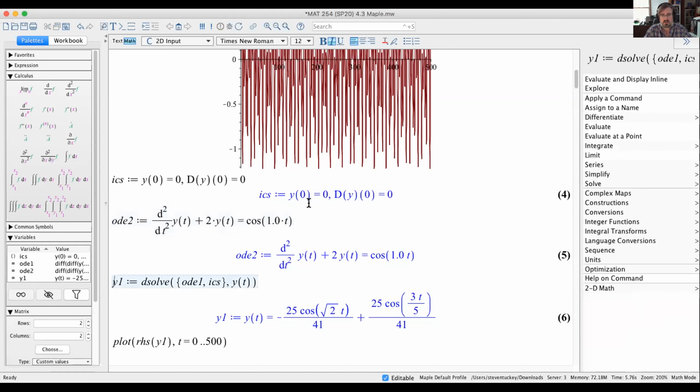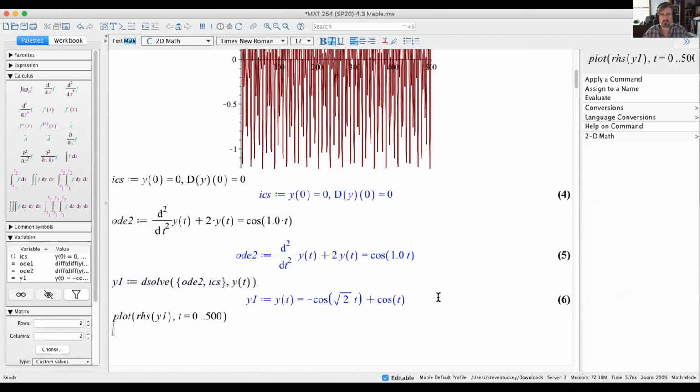And so if that's what I got, you'll notice my ODE changes. And when I dsolve this, my ODE2 is going to produce a solution that looks like this. Now notice, it now only has 2 terms. There's a cosine term with root 2 as the frequency and one with 1 as the frequency.